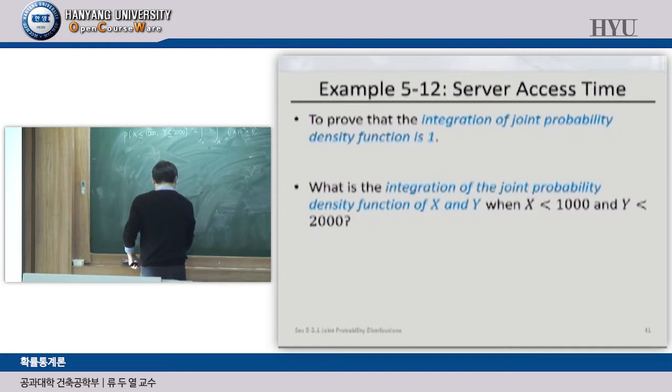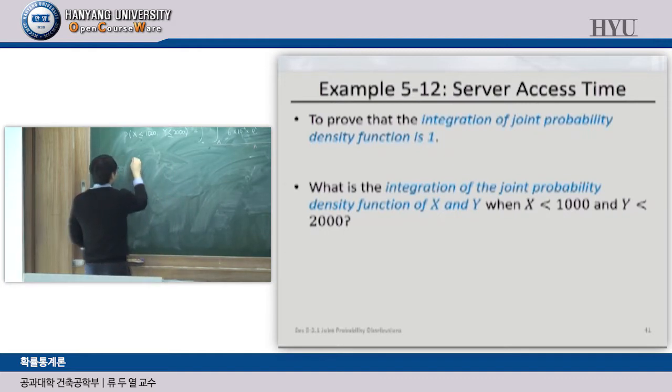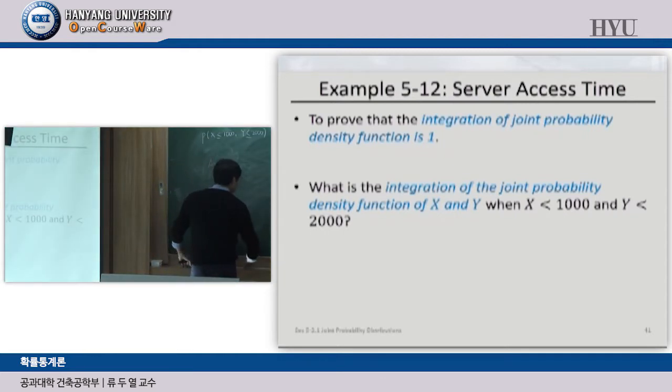And here we can say this is also large A. And large A is equal to 6 by 10 to the minus 6th power by exponential minus 0.001x by integration from x to infinite exponential minus 0.002y dy. Okay?